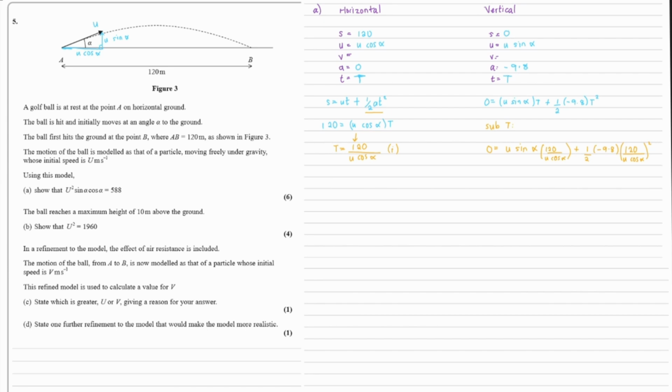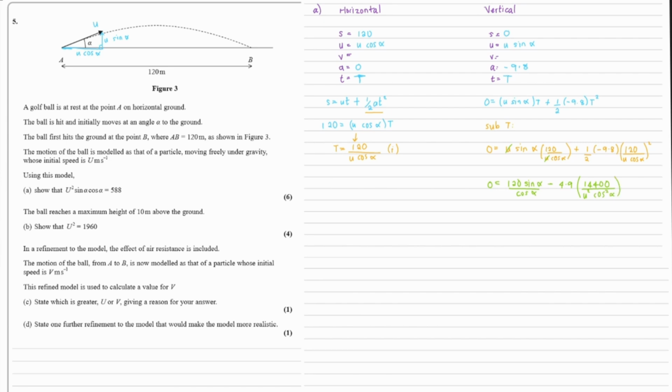We can now simplify this by cancelling the u's in the first part of that equation, and we can rewrite this as 0 is equal to 120 sine alpha over cosine alpha. A half times negative 9.8 is minus 4.9, and we can square the 120 to give us 14,400 over u squared cosine alpha squared.